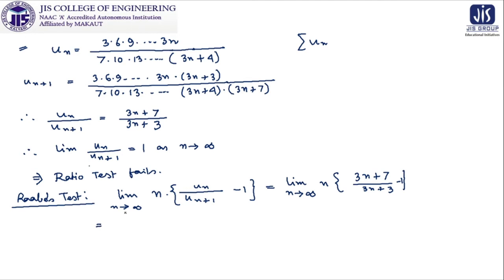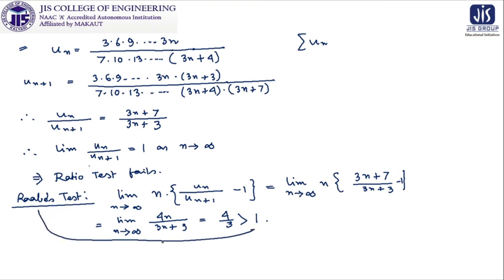So simplification gives us limit n tends to infinity 4n by 3n plus 3. Now this is a very simple problem. After finding the result, you will get 4 by 3 which is greater than 1, and Raabe's test along with this condition gives us the conclusion that the series is convergent.